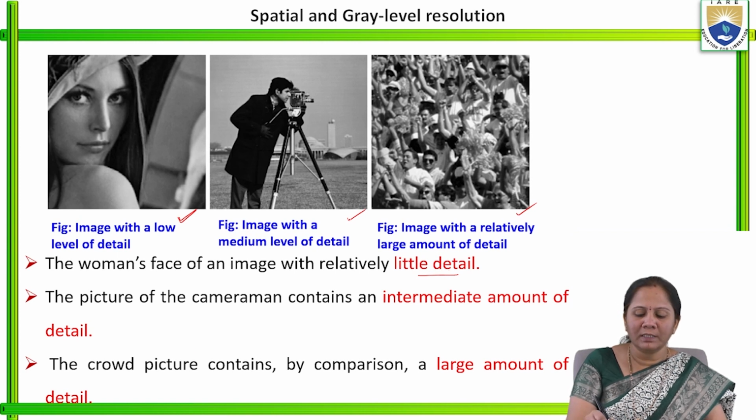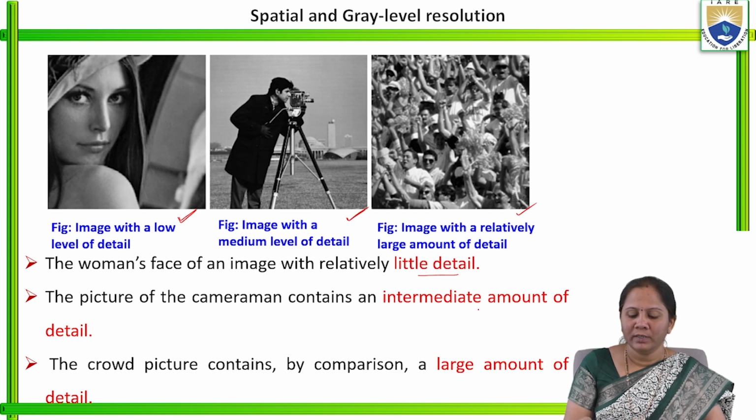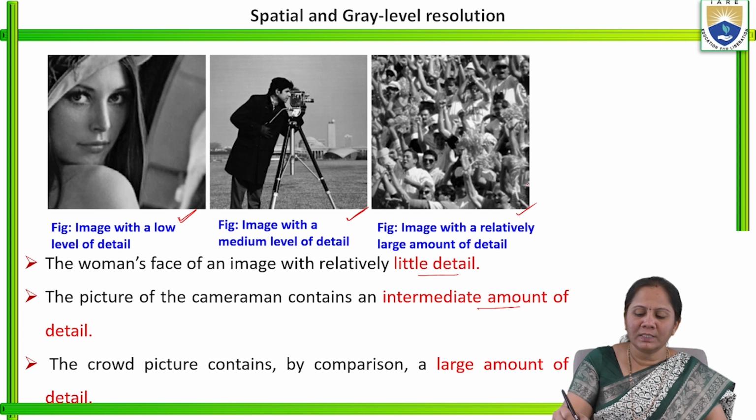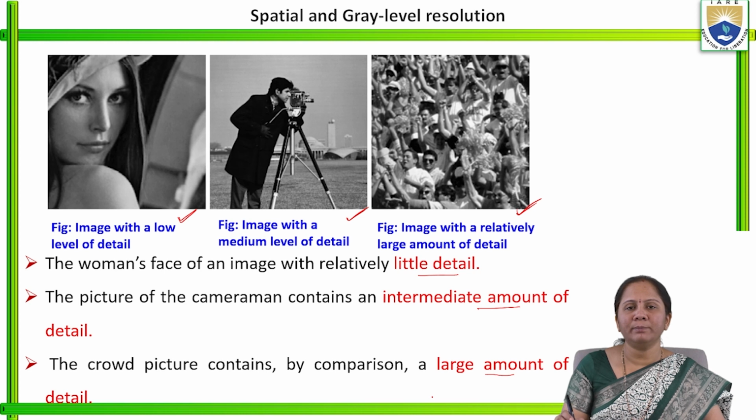If you consider this cameraman, it consists of a medium amount of detail. And if you consider this crowd, as there are more people, it is considered a large amount of detail.